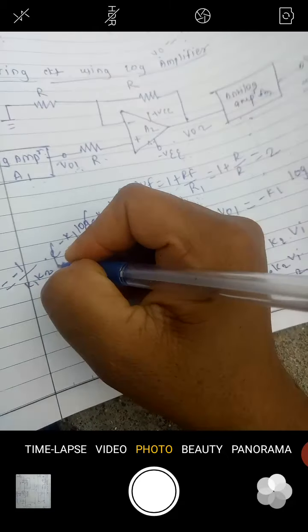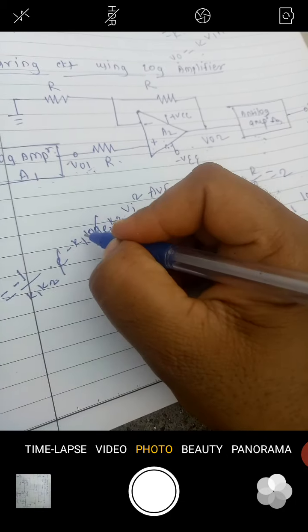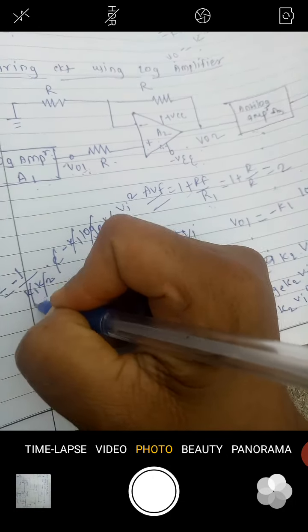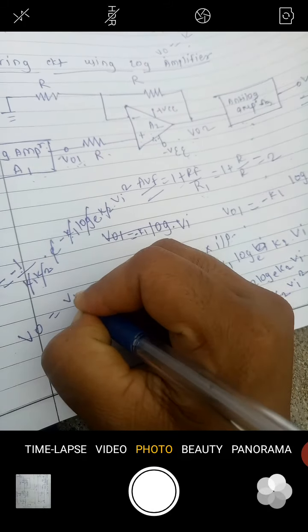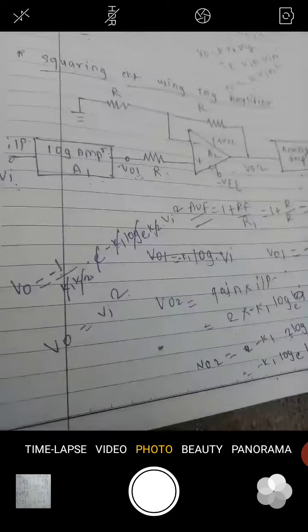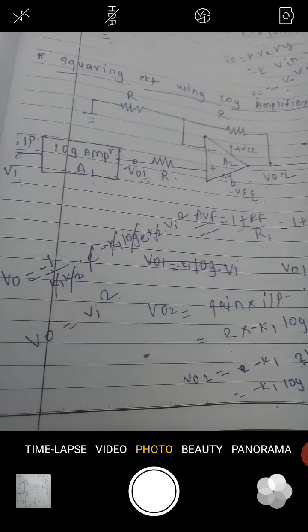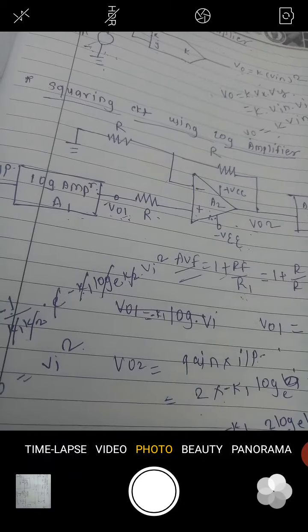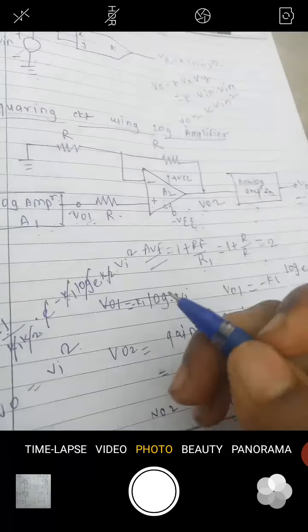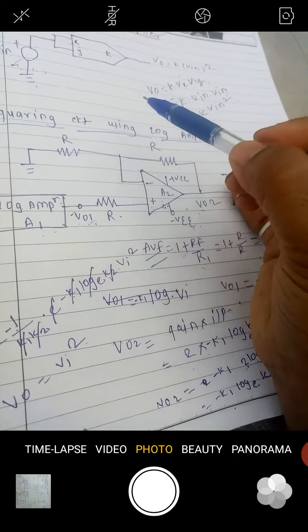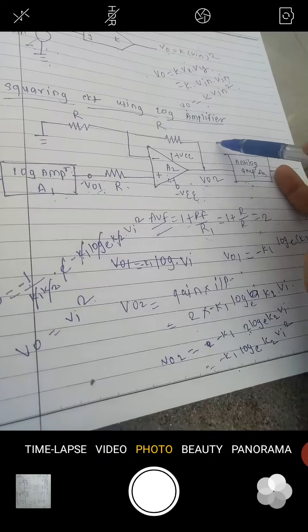Log and E both are cancelled to each other. K1 K2 is also cancelled to each other. Minus minus gets plus. So V0 is equal to Vi square. So this is nothing but the output of this circuitry, which is proportional to the square of input. So this is nothing but the concept of squaring circuitry using log amplifier circuitry.